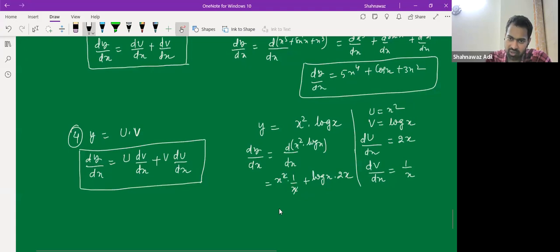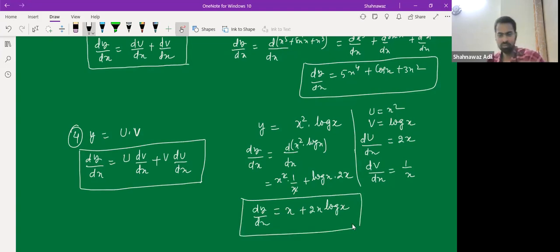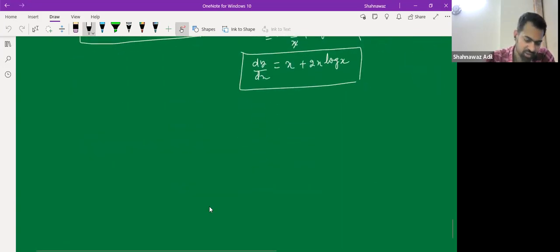The x cancels, and we have x plus 2x log x. So this is the differentiation of multiplication. Any doubt, guys? Any doubt? Yes. No, sir. Okay.